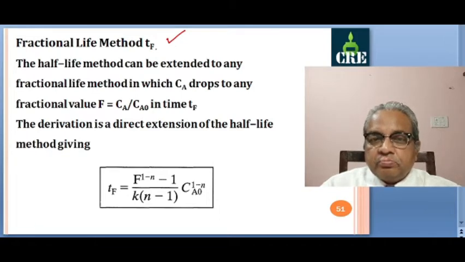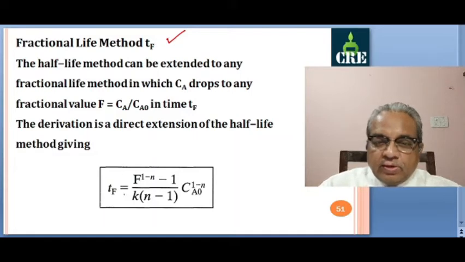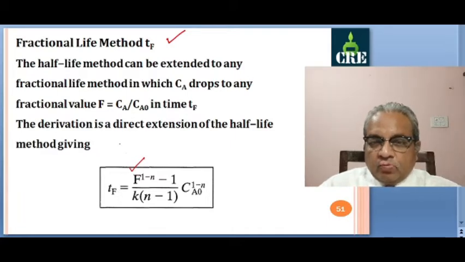If, say, for 20% fraction you want to take this, then simply that 0.5 which was here for half-life, so t half is equal to 0.5 raised to 1 minus n. If it is for 25%, this will become 0.25 and this is t 0.25 or t 1 by 4. For any fraction, we can just use the similar equation.